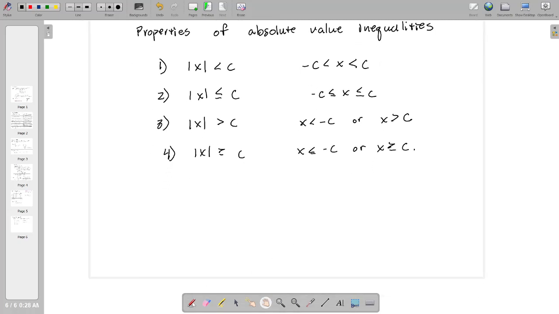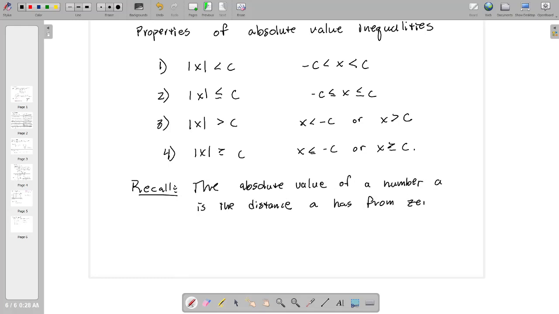So first, let's recall what absolute value actually is. The absolute value of a number a is the distance a has from 0. So if we say that the absolute value of a is equal to 3, what we're saying is that the distance a has from 0 is 3 units.